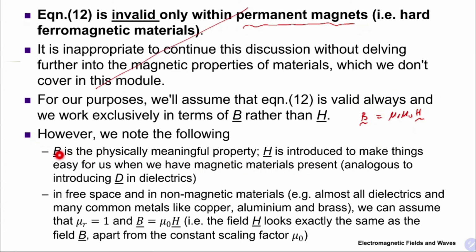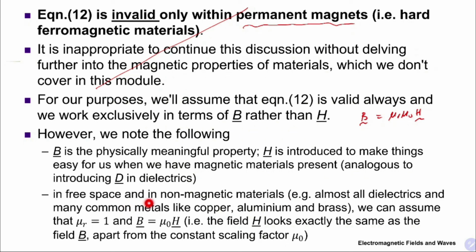So in magnetics, B is the physically meaningful property, whereas in electrostatics, E is the physically meaningful property. H here is introduced to make things easier for magnetic materials. Similarly, in electrostatics, D is introduced to handle dielectric materials.